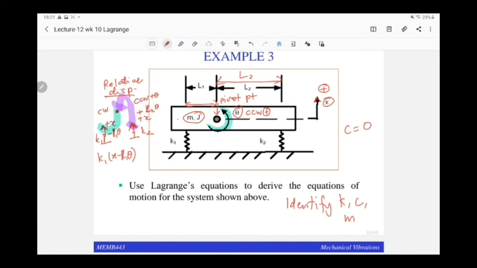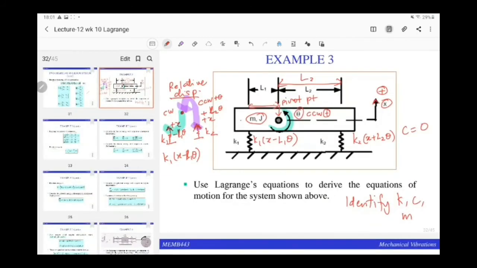This one, capital L. So then you can write your K2 here, basically the force here is K2, both are positive, x plus L2 theta. And this one is K1 x minus L1 theta. So basically we just want to determine the direction.